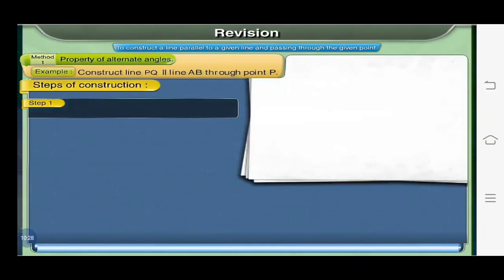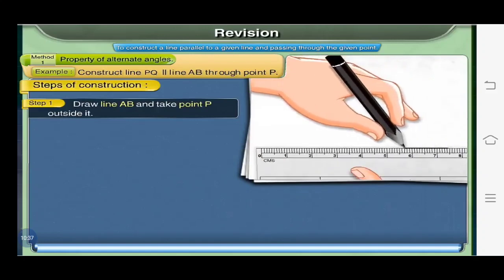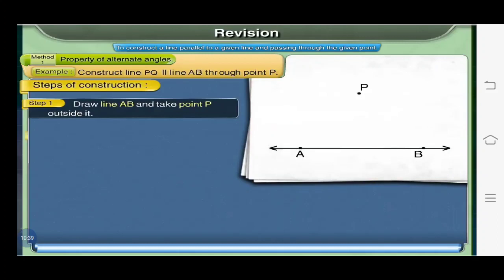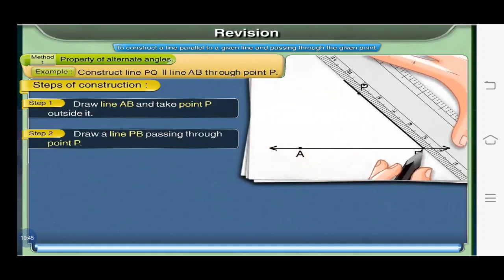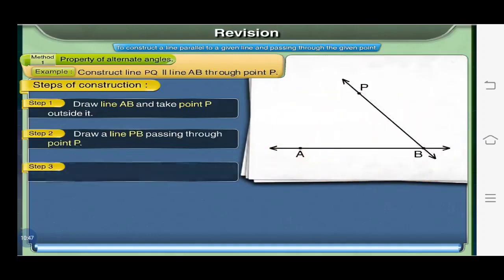Step 1. Draw line AB and take point P outside the line AB. Step 2. Draw a line BB passing through the point P. Step 3.